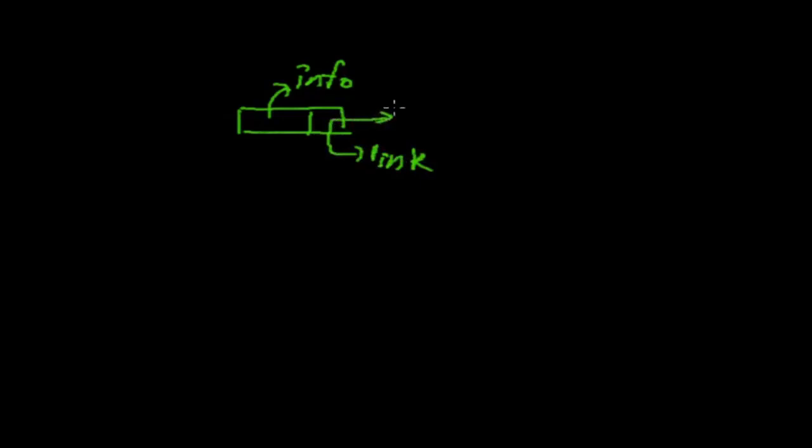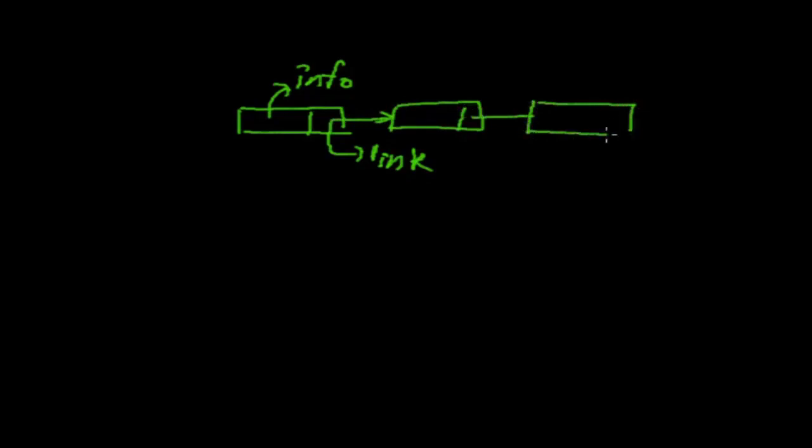Today we are going to code a program for a singly linked list. Now, a singly linked list is a list of nodes, and in a node there are two parts. The first part is an info part where we store the data. The second part is the link part. This is the address to some other node.